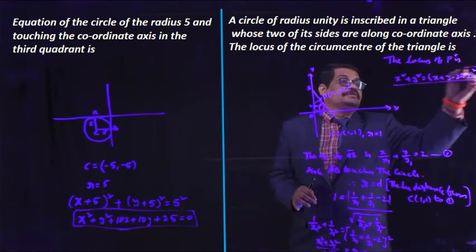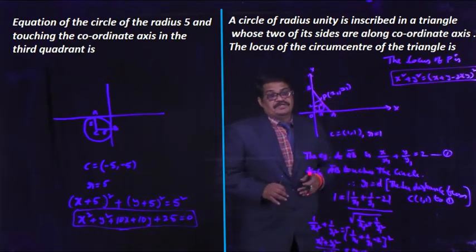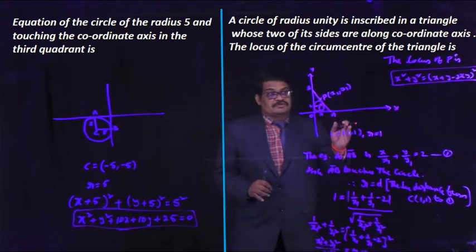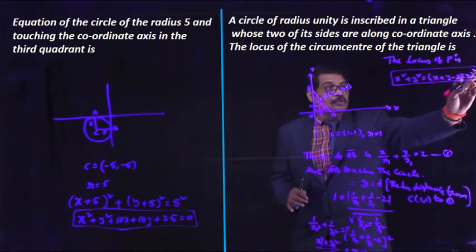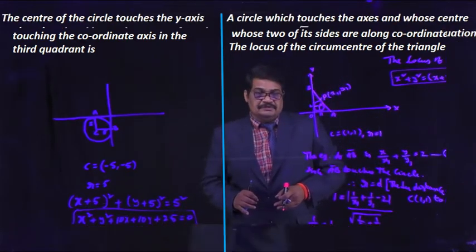So this is the required answer. That is the locus of the point P, (x1, y1): x² + y² = (x + y − 2xy)². That is the required answer.